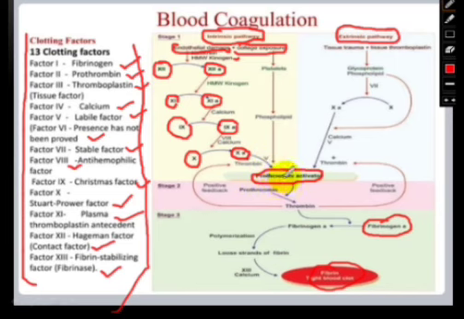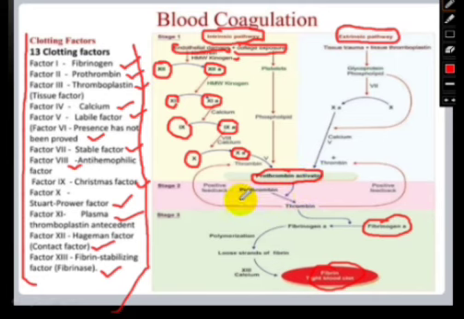And then this active factor 10 stimulates the activation of prothrombin. The active factor 10 will now stimulate the activation of prothrombin.